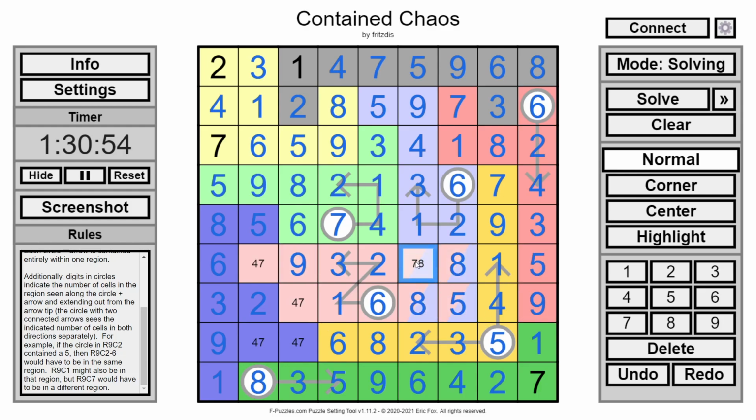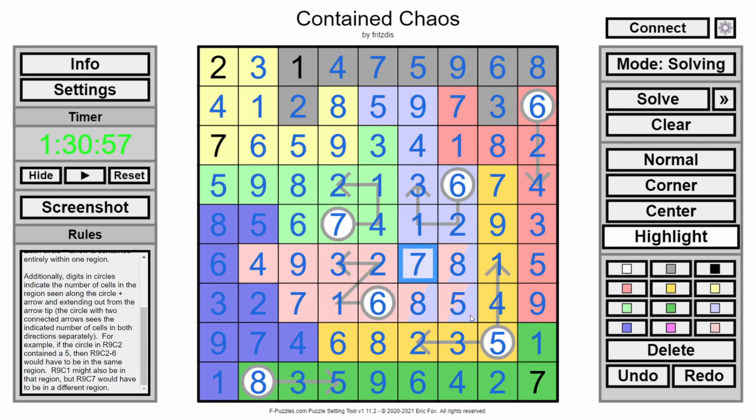Which is going to just resolve some stuff, and we'll finish the numbering, and then we'll finish the regions. Okay. We already have a pink 7, so that can't be pink. We already have a blue 5, so that can't be blue. So this must... No. How do we know which is which? Oh, of course, because light pink must connect to all of its cells. There we go. That was tough.